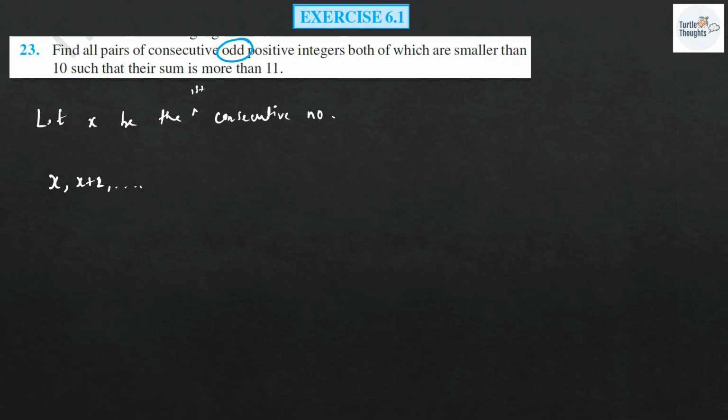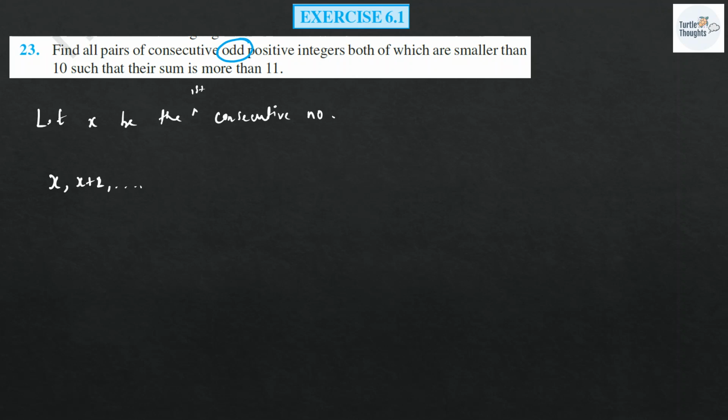We have to find out a pair of consecutive numbers such that both of which are smaller than 10. Here the number is very small, but please observe, because for the bigger numbers it's going to be the same thing, but the working method is going to be changing.